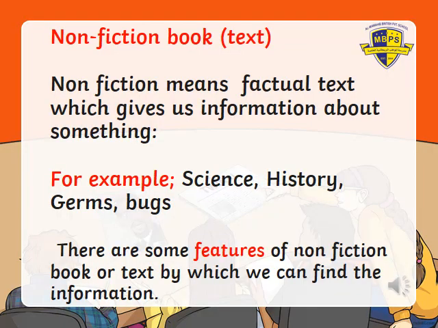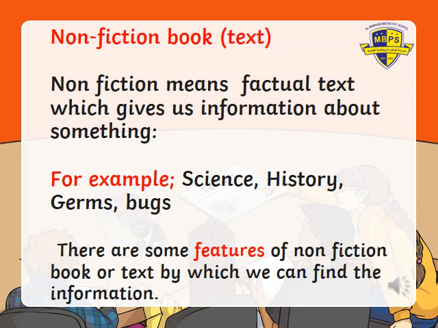So before we start our new unit or new topic, we should be clear regarding fiction and non-fiction books. So what do we mean by fiction book? A fiction book, or fiction story, means a text or a story. Whereas a non-fiction book or text means a factual text which gives us information about something.